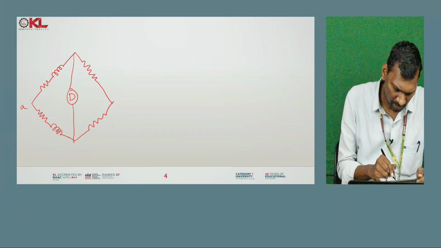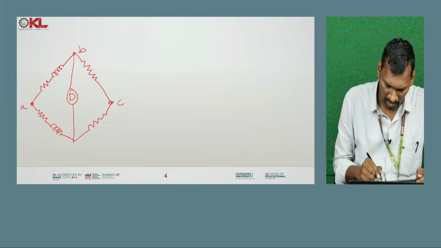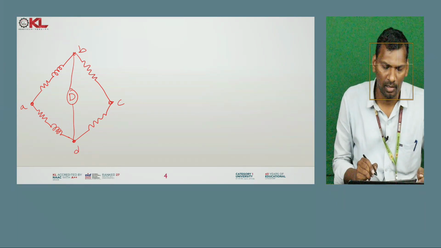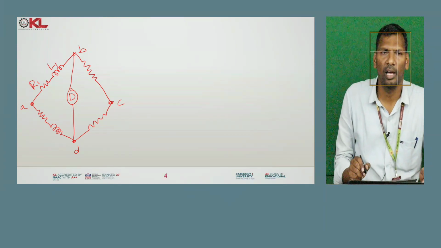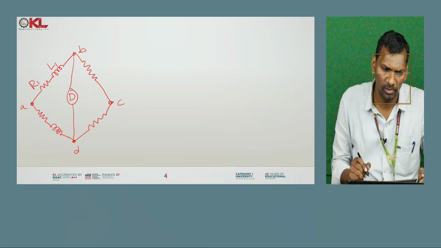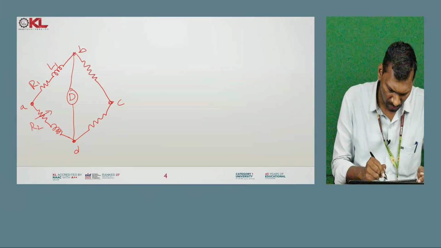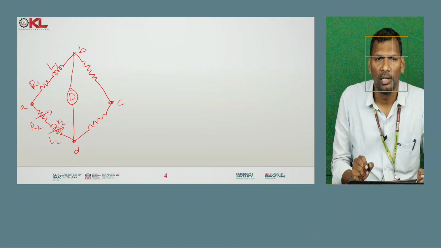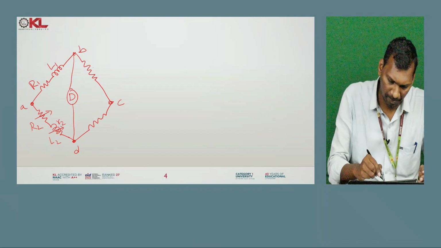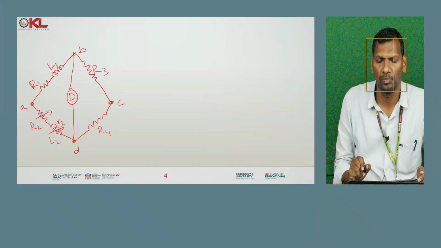Let us construct this: terminal A, terminal B, terminal C and terminal D. Now this is a choke coil consisting of an R and L. These are the unknown values, and this is a variable resistance R2 and this is a variable inductance L2 which consists of an internal resistance of r2, and this is R3 resistance and this is R4 resistance.